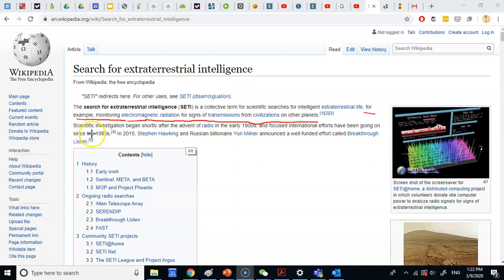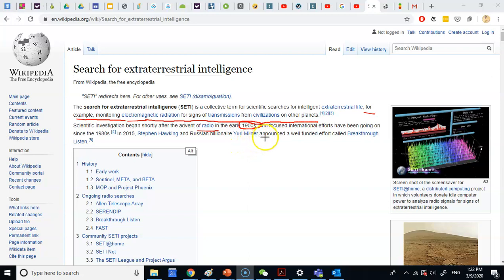And scientific investigation began shortly after the advent of radio, when they found the radio. Can you see that? So old. In 1900. So that is more than 100 years ago, more than that.